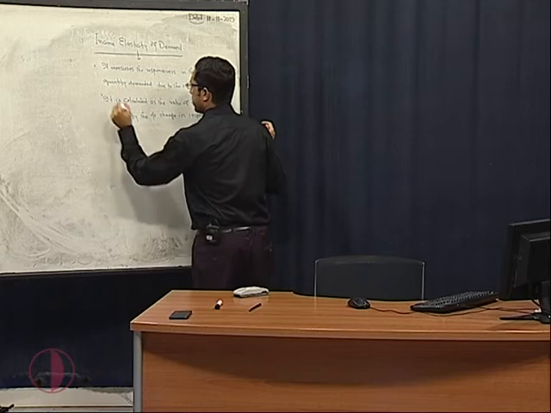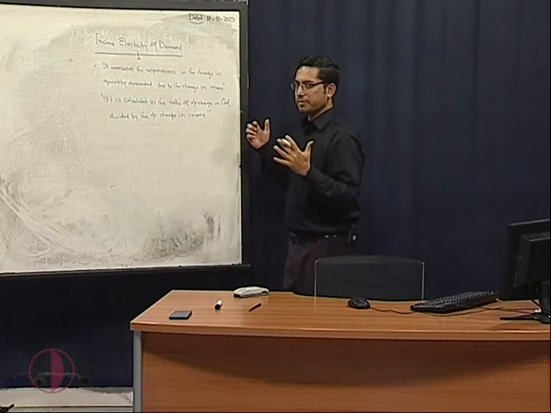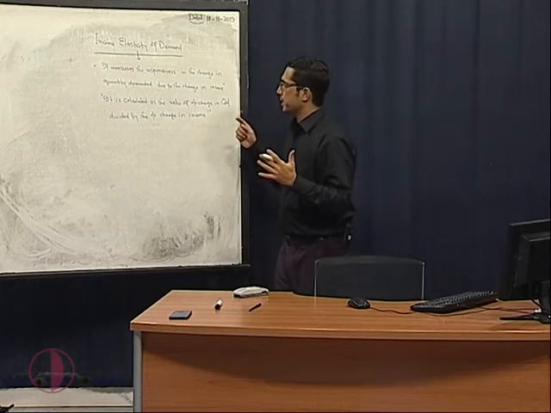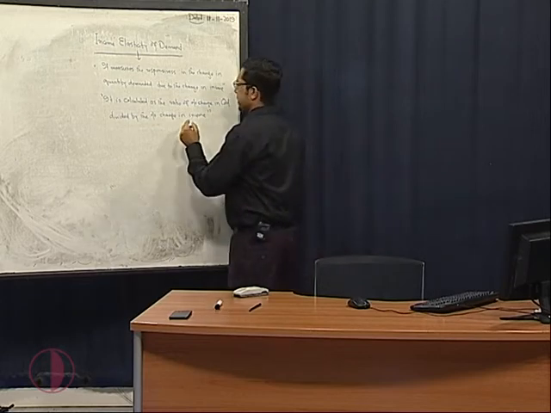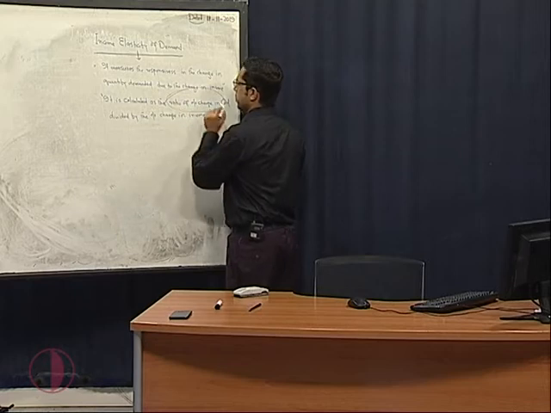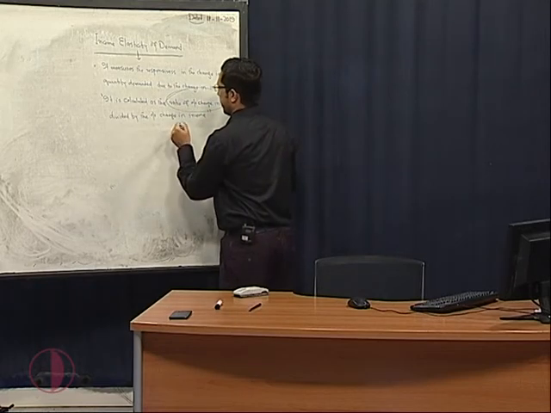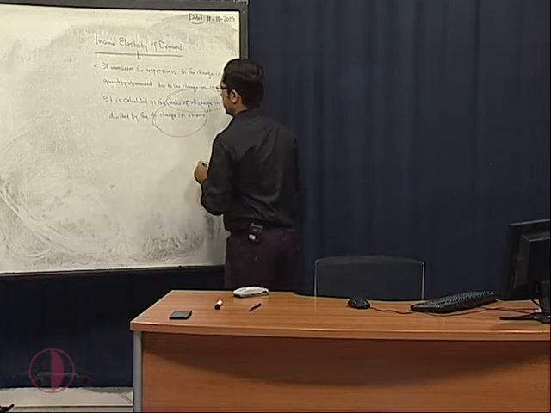And ceteris paribus means that other factors which are affecting the demand are constant. So, it is calculated as the ratio of change in quantity demanded divided by change in income.